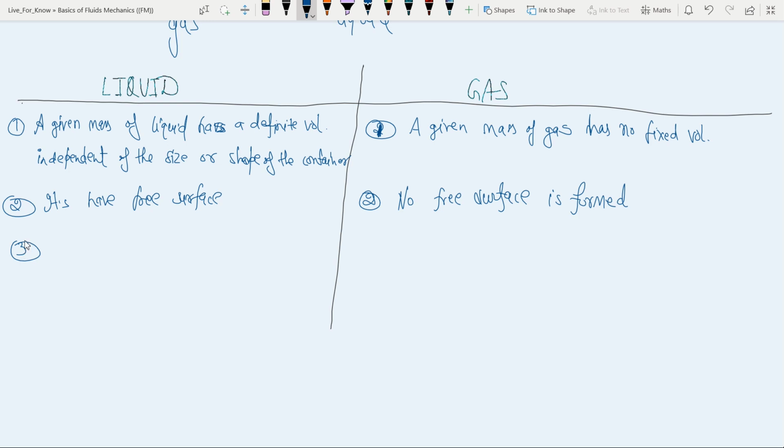Point three of liquid: it is incompressible for all practical purposes, but gases are readily compressible.